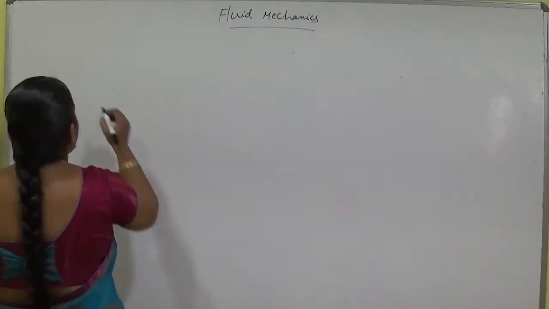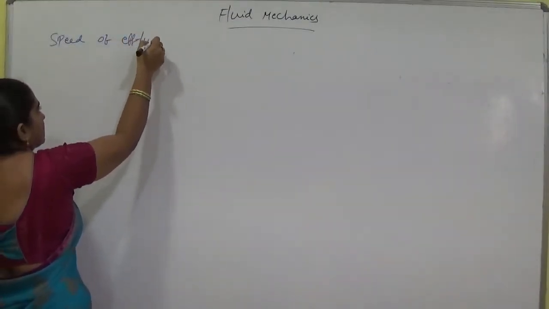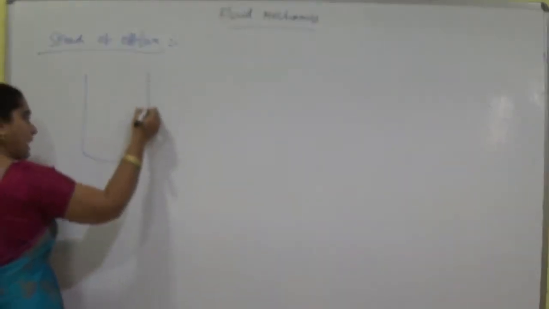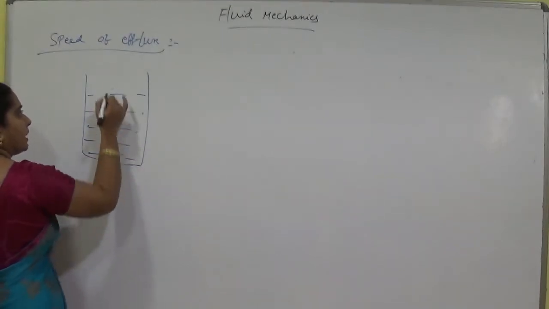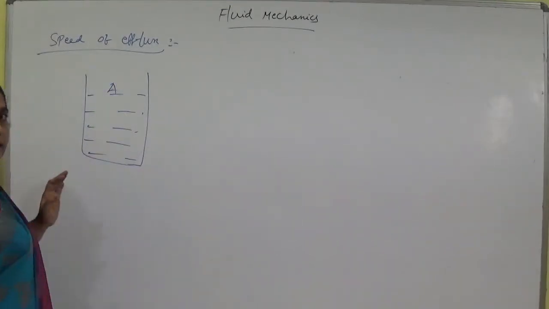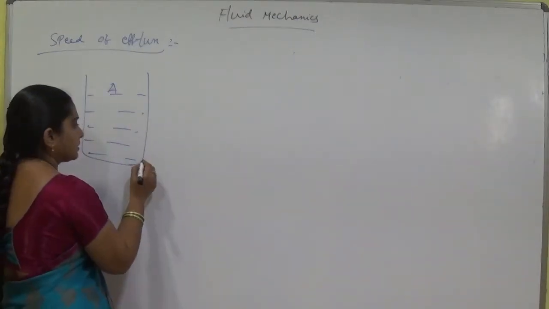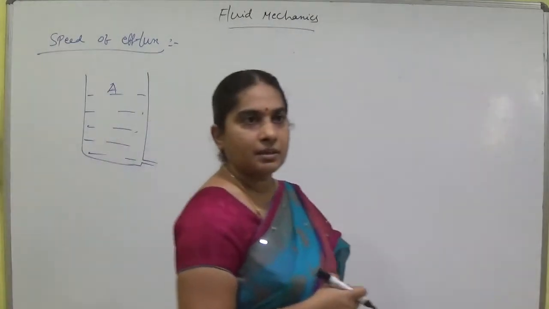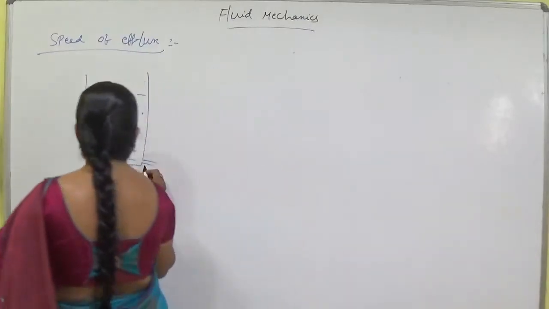Next, speed of efflux. Take a tank. The tank is filled with water. The area of the tank is A1. There is an orifice, an opening in the tank.